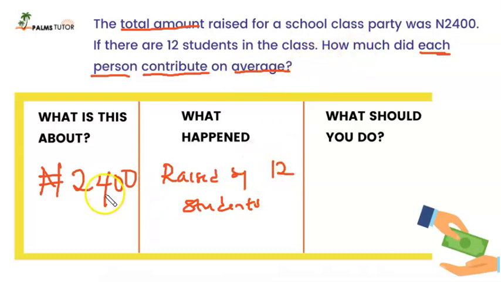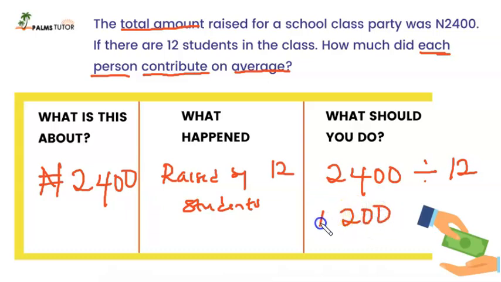If 12 people raised 2,400, how do we get to what one person raised? 2,400 divided, or we say broken, into 12 places, so that we know what each person brought to school. So if you divide this, you have 200 naira, which means that each of these students contributed 200 naira for their class party.